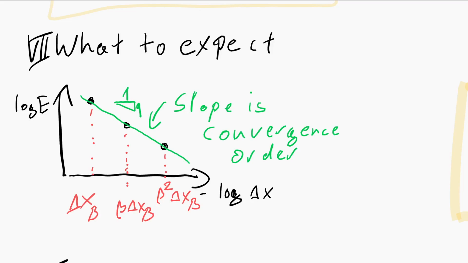Okay, so if we were to plot the error over the refinement of the grids, we would expect a linear function here in logarithmic scale, because the error would decrease with the convergence order Q, and we would be able to measure the convergence order from this plot because it's just the slope of this plot.